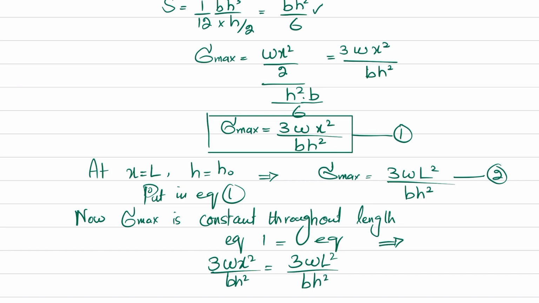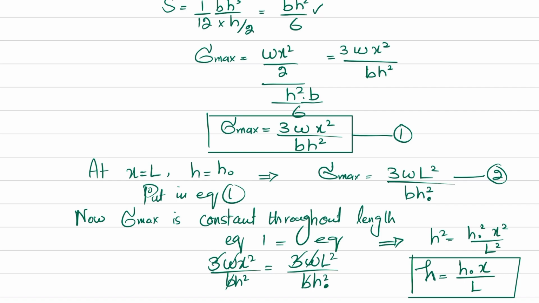From here, b will cancel with b, and we will have h square is equal to h naught square into x square over L square. So h will be equal to, if you take the square root, h naught into x divided by L. So this is the answer.